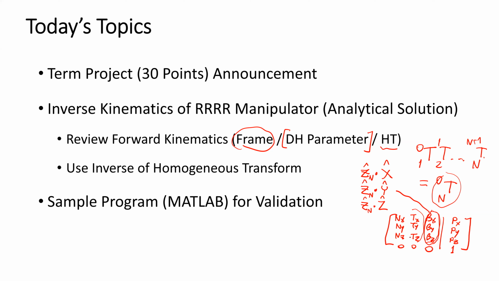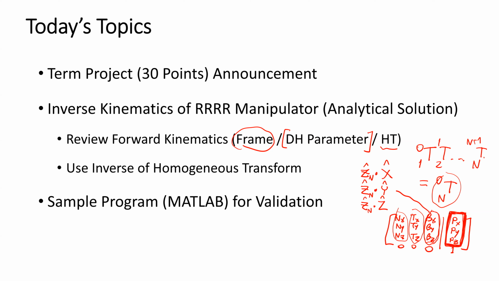This is the y-axis of the last frame, the x-axis of the last frame, the cosine directions, and these are the position at the origin of the final frame.